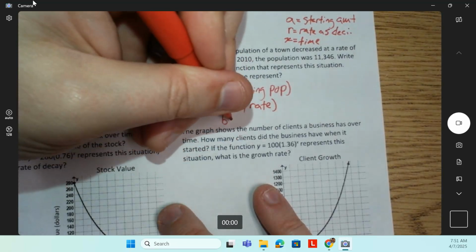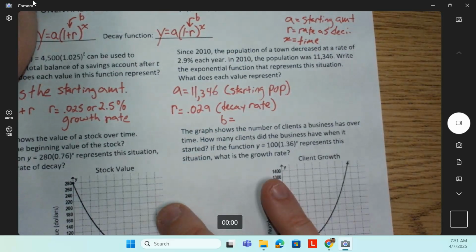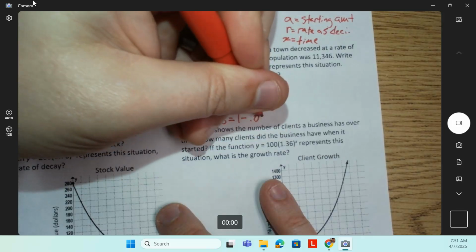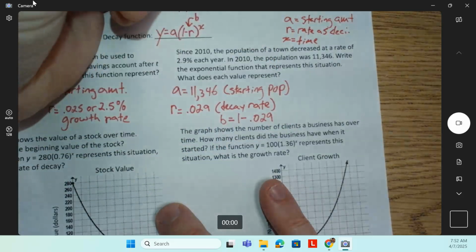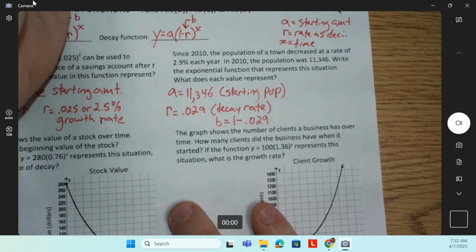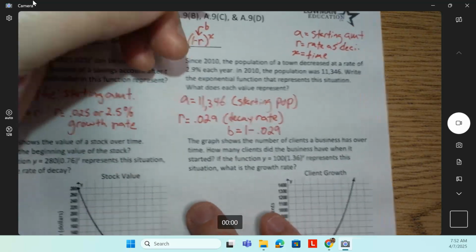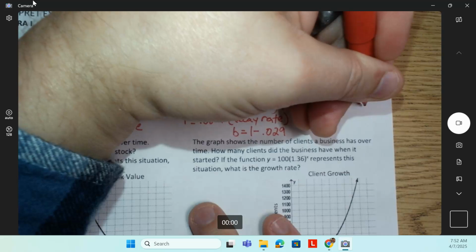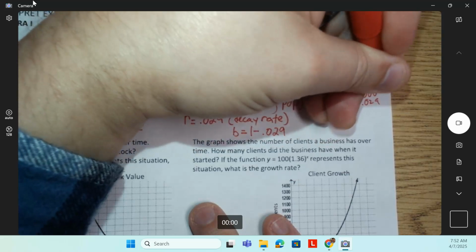So B equals 1 minus 0.029. And we could plug that in the calculator real quick, or just say 1.000 minus 0.029.